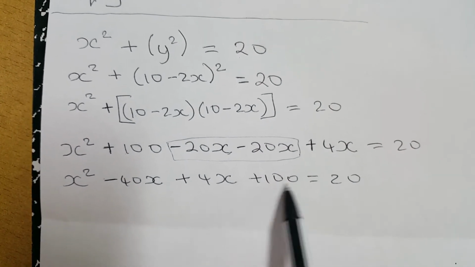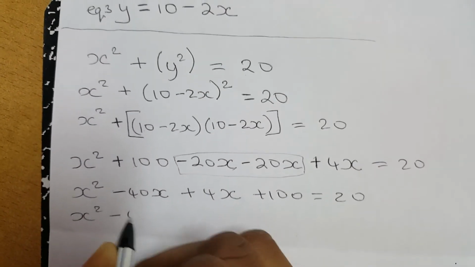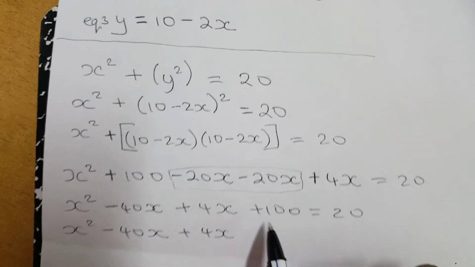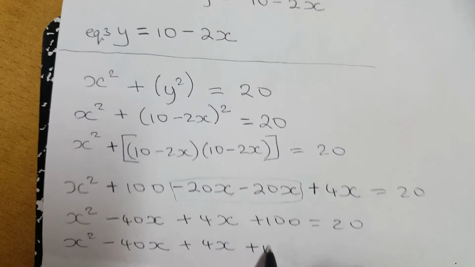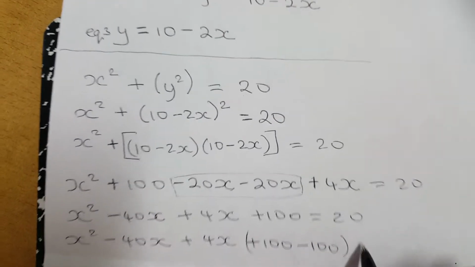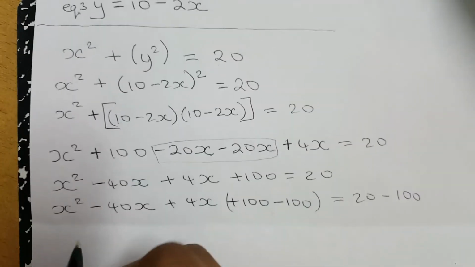Now we need to try and keep these by themselves over here, so we have to put the constants together. So we have x squared minus 40x plus 4x squared. We have to get rid of the plus 100, so it's minus 100. And if you do it on one side, you're going to have to do it on the next.